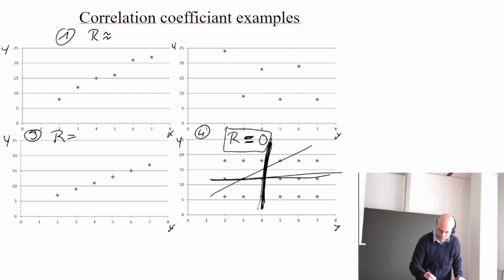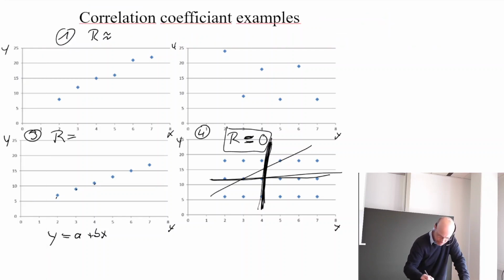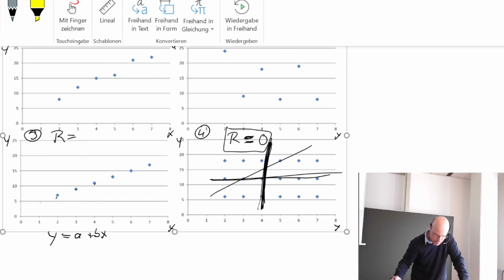And here I also tell you that these data points are just created by a deterministic function y is a plus b x. So in this case, of course, you can only guess if this is true, but I say it to you that in this case, really all data points, and I think I can show it to you here, taking just a line.